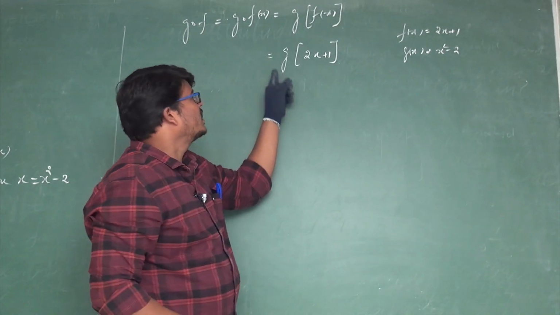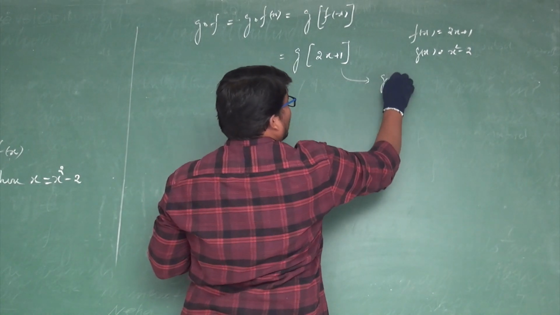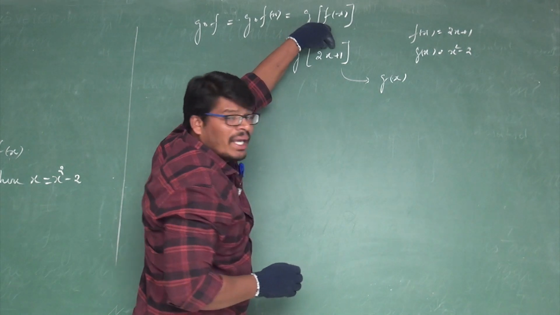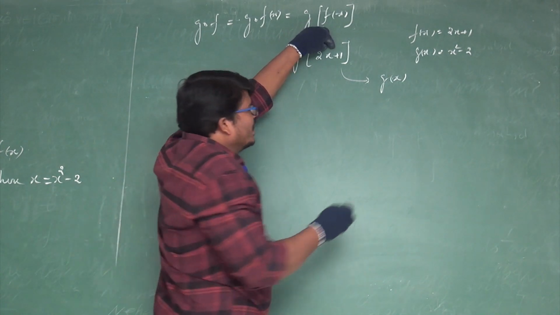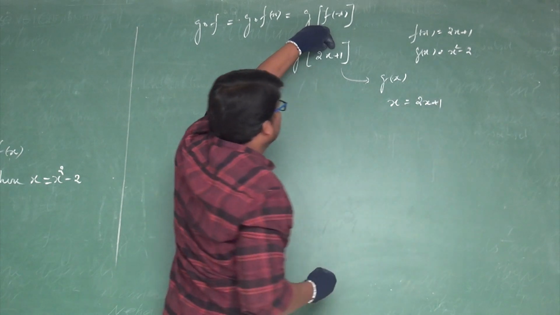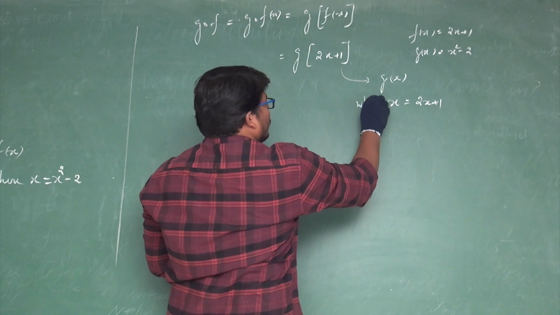The whole function is g of x, where x is replaced by 2x + 1.